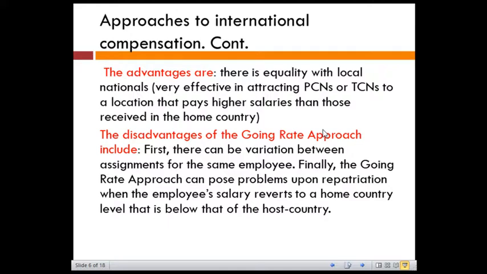And another disadvantage, it can pose problems upon repatriation, where the employee's salary reverts to the home country level, which is below the host country.